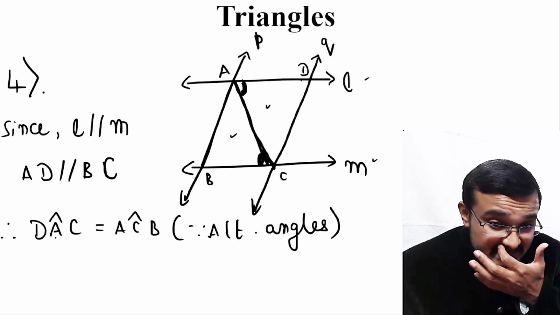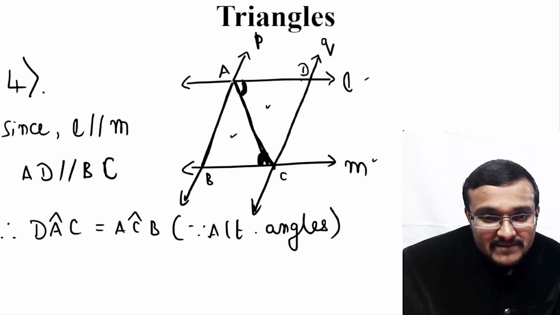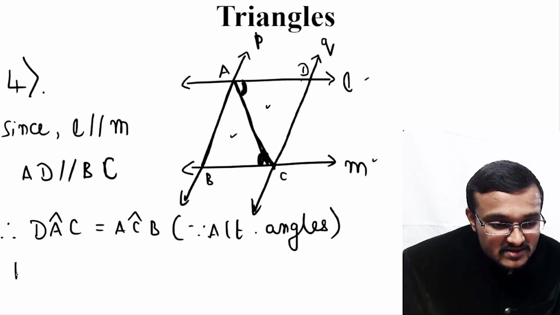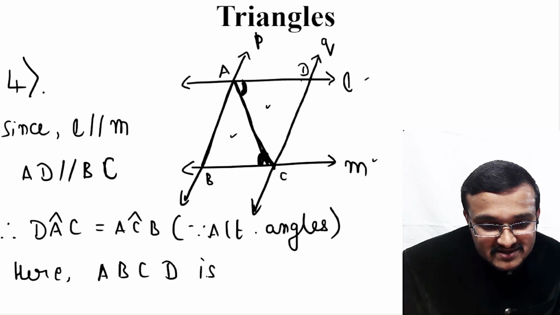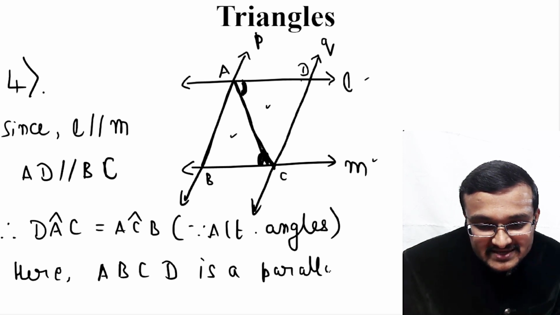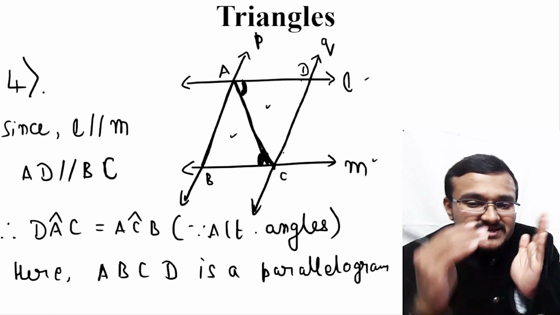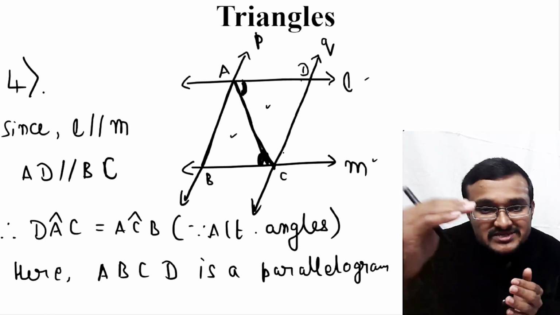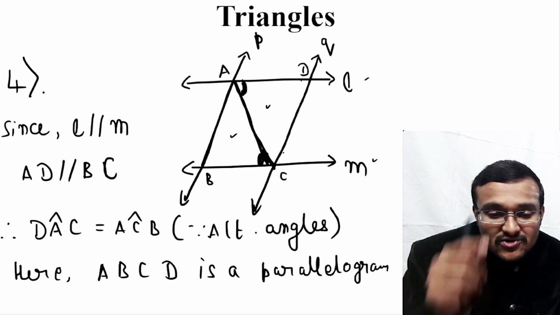Before going into the common side, you can clearly see ABCD is a parallelogram, because AB is parallel to DC and AD is also parallel to BC, as L and M are parallel and P and Q are parallel. So it is forming a parallelogram.